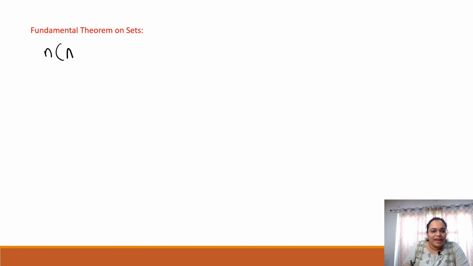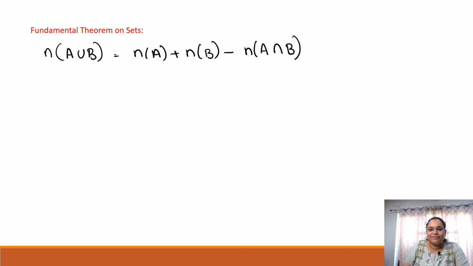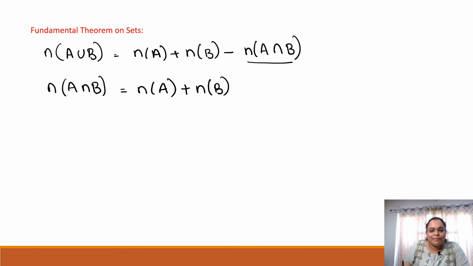So n of A union B is equal to n of A plus n of B minus n of A intersection B. And the next, if you want to find n of A intersection B, that will be n of A intersection B is equal to n of A plus n of B minus n of A union B. These both are important formulas of the fundamental theorem on sets.